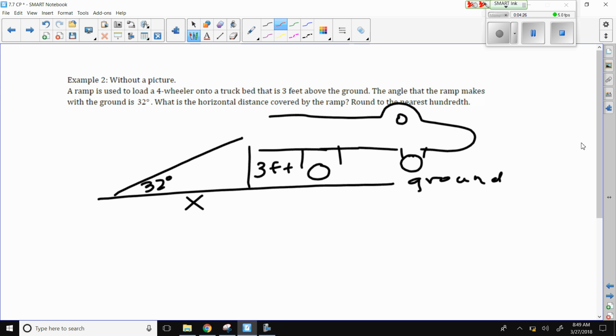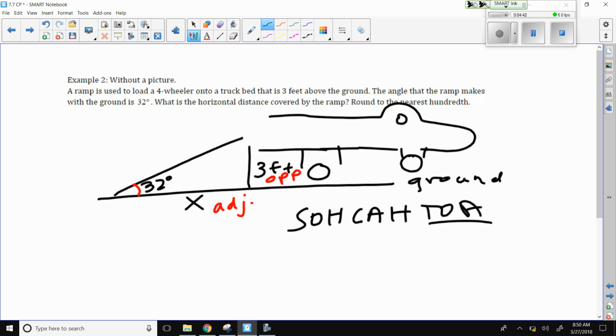So if I'm looking at this angle, I've got my opposite side, I've got my adjacent side. I think about SOHCAHTOA again. I've got opposite and adjacent, so I'm looking at tan again, tan of 32 degrees equals my opposite, which is 3, over my adjacent.